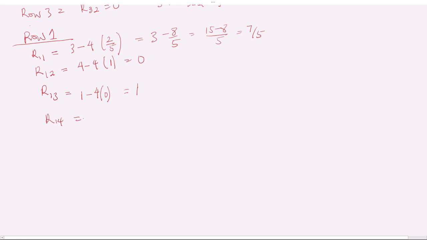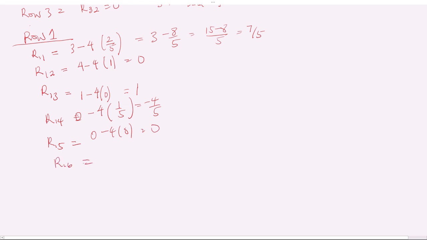R14 equals to 0 minus 4 into bracket 1 over 5 equals to minus 4 over 5. So R15 equals to 0 minus 4 into bracket 0 equal to 0.